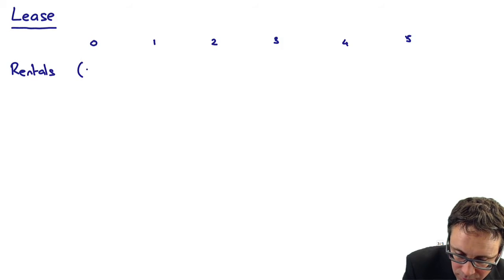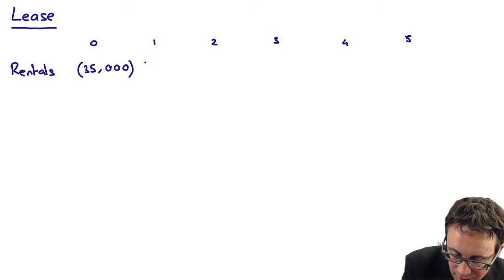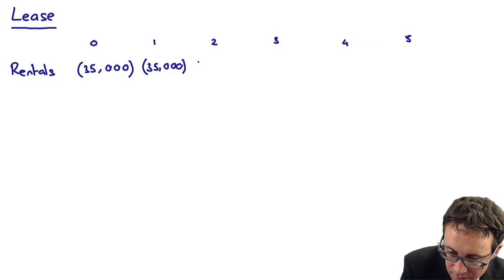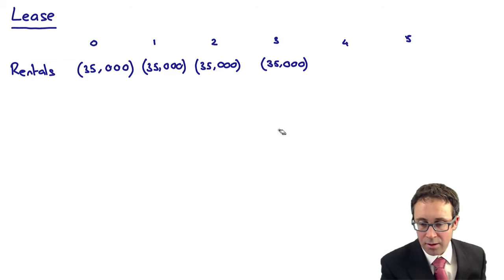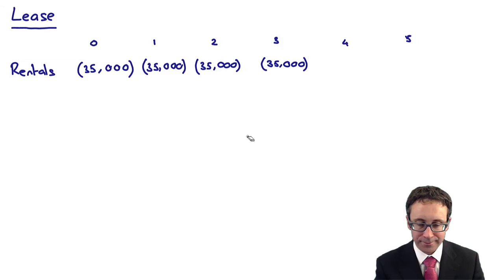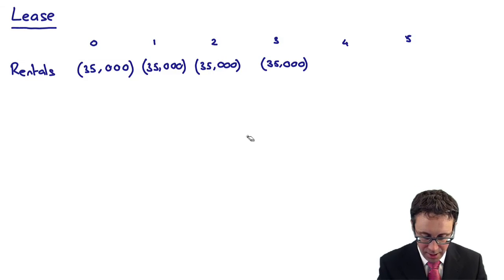So what we have there is that we have your lease rentals. Is it there 35,000 at T0 and then 35,000 at T1, 2, and is it the T3? Okay, excellent.